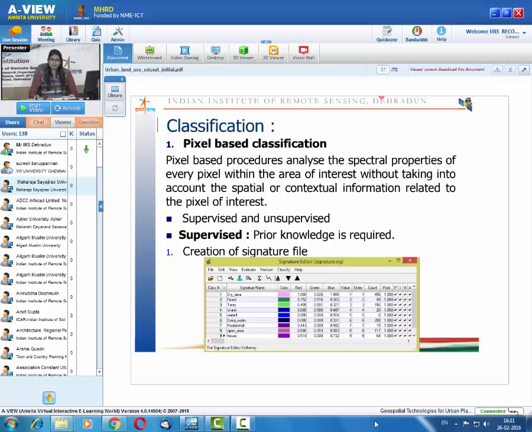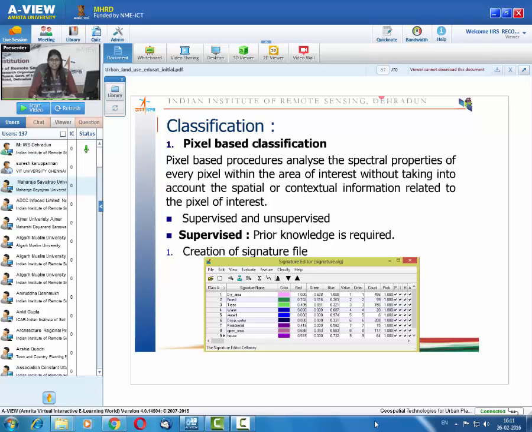This procedure analyzes the spectral properties of every pixel within the area of interest without taking into account the spatial or contextual information related to the pixel of interest. Supervised and unsupervised are the two categories, as I had discussed earlier.